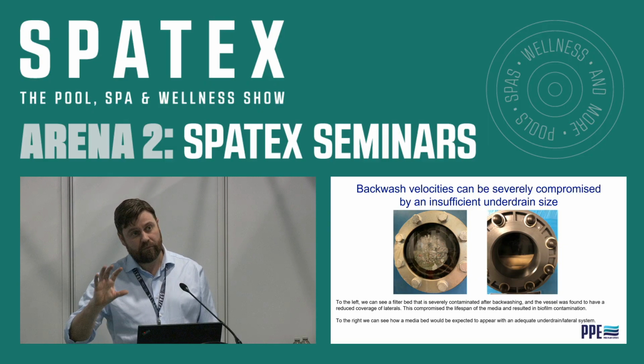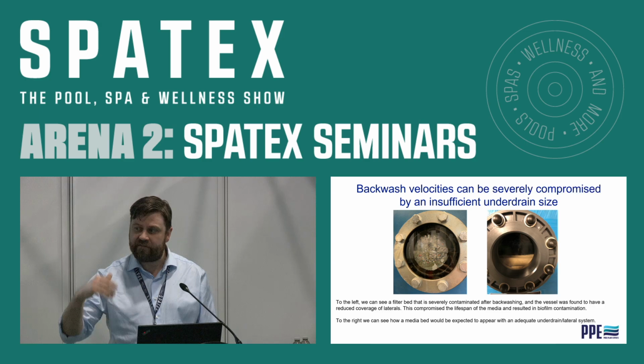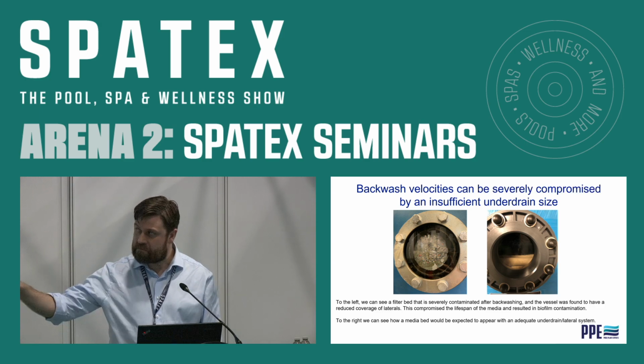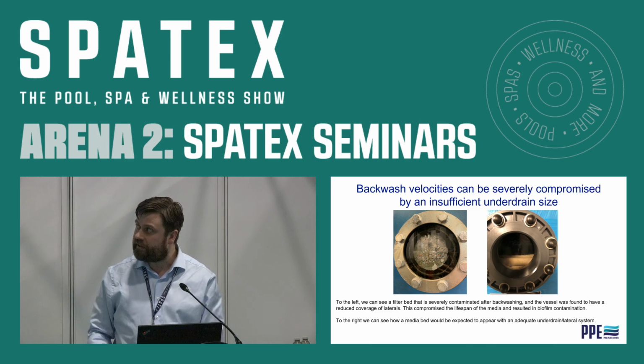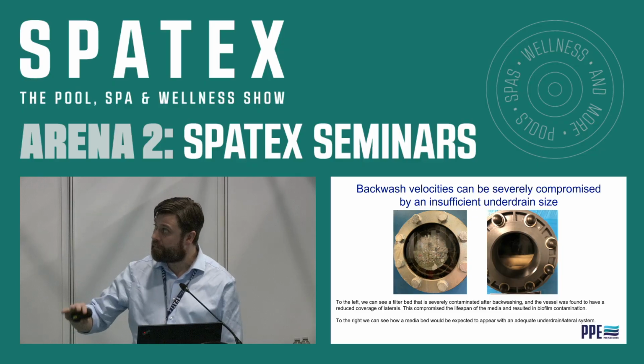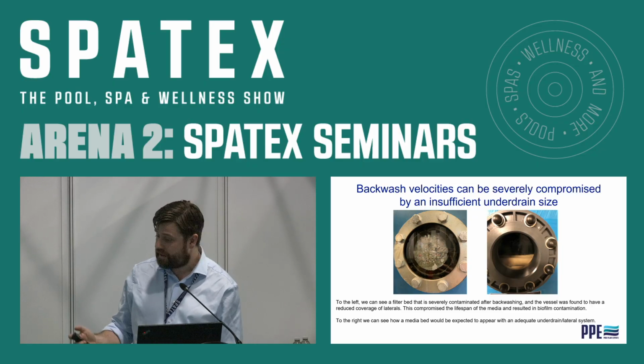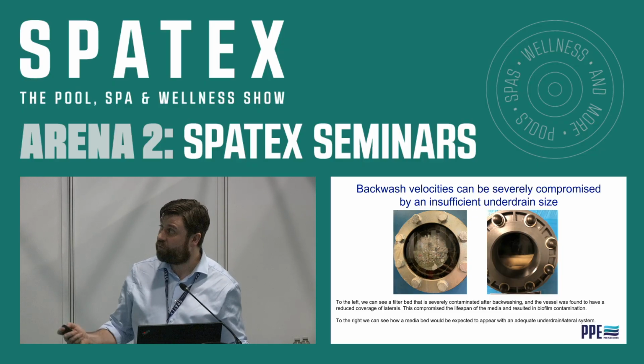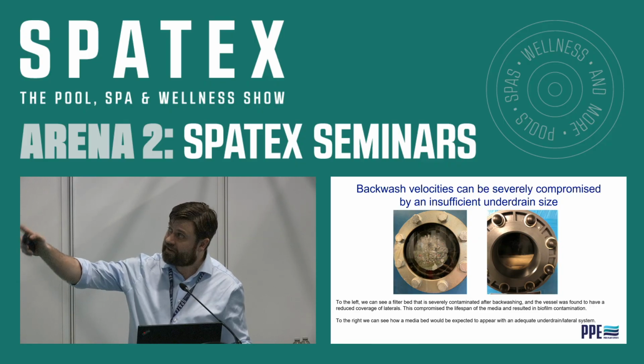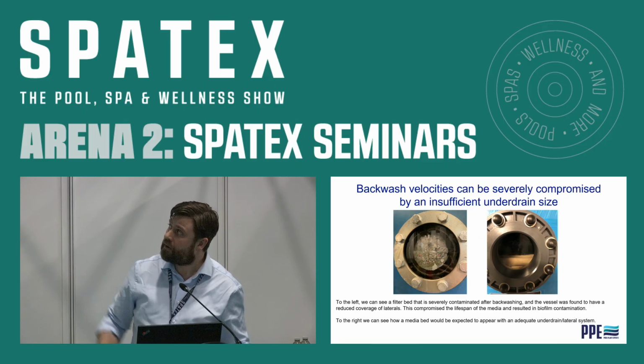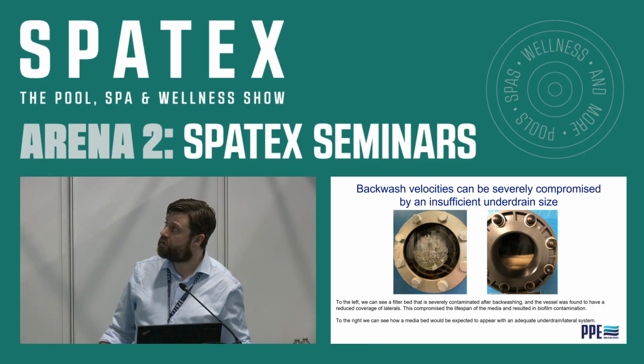And therefore, we're also going to see some progressive damage even to vessels, especially if they're steel, and other plant equipment, valves, pumps, heat exchangers, UV systems, anything metal in the plant room, and of course the pool finish itself. So the left, inadequate under drainage. The example on the right is pretty good.